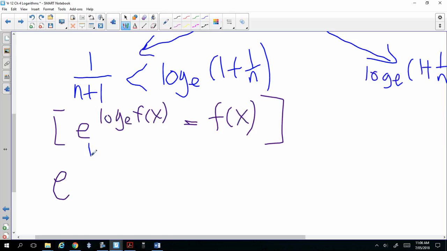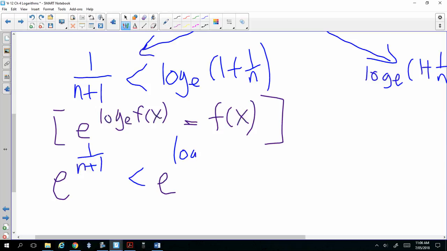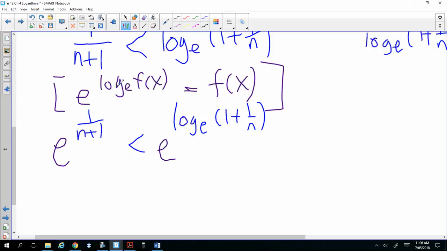I'm just exponentiating, so the left side and the right side become the power of this base e. Why do I do that? Because by using this rule, when you exponentiate log base e, they cancel, and it just becomes f(x). That's what I want. I want to get rid of the log.